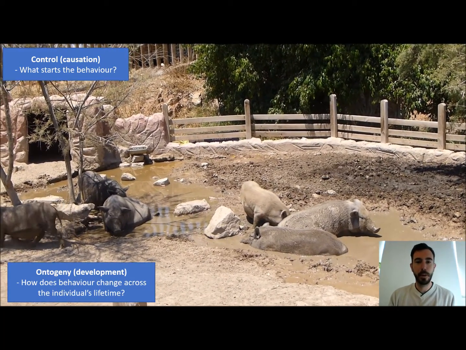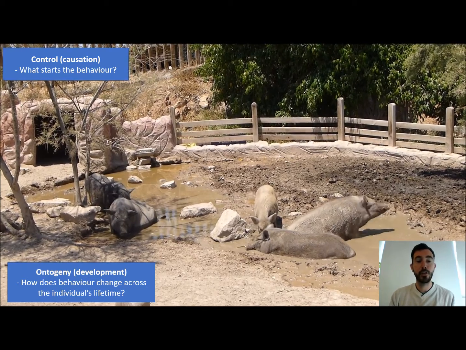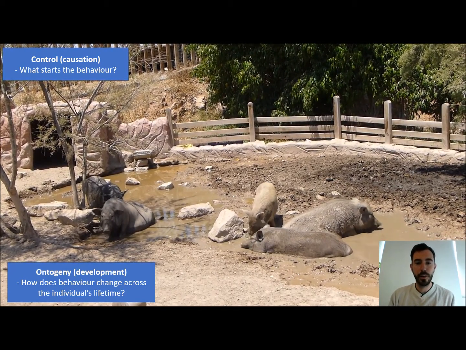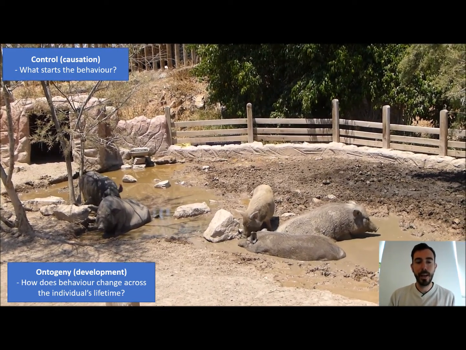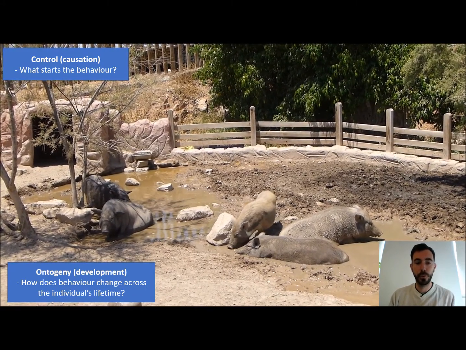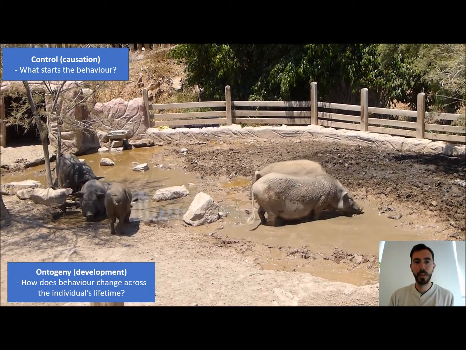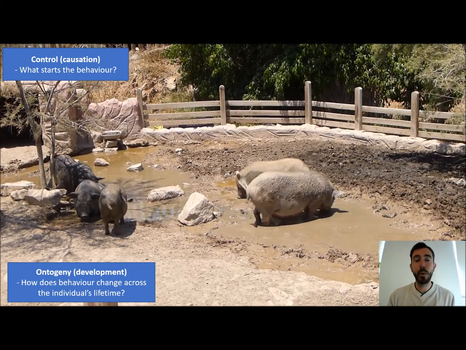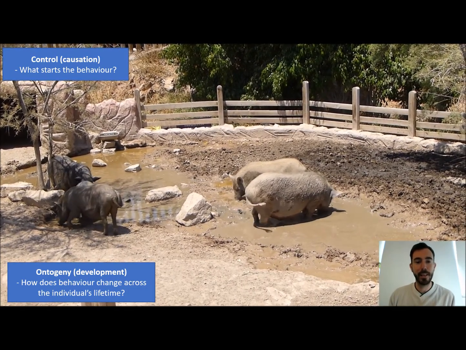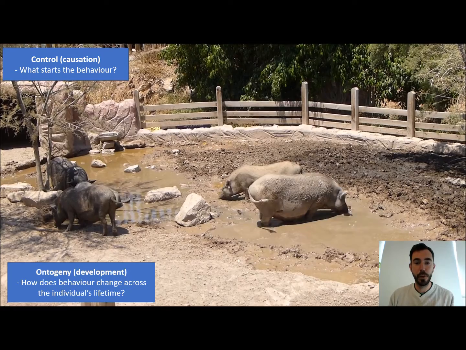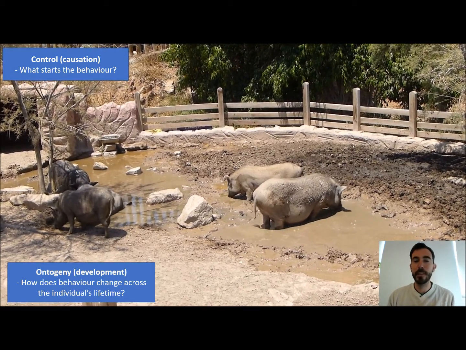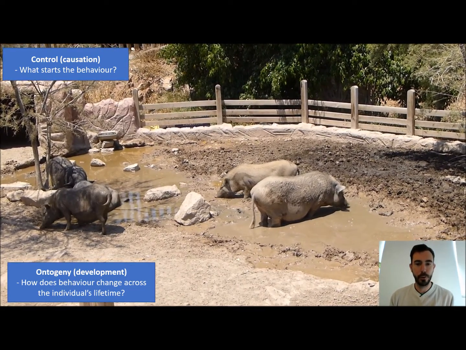The next of Tinbergen's 4 questions is ontogeny, otherwise known as development. How does behaviour change across the course of the individual's lifetime? Pigs are going to get more adept, they're going to get better at rooting around finding food when they have more experience of where they're likely to find food.